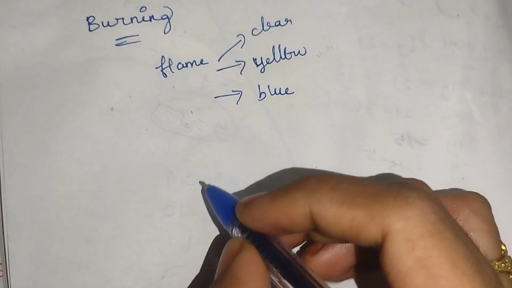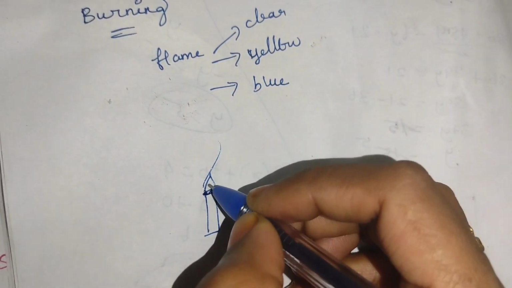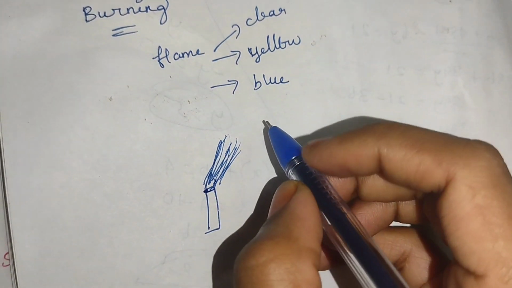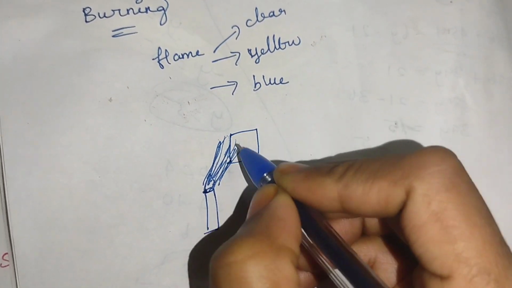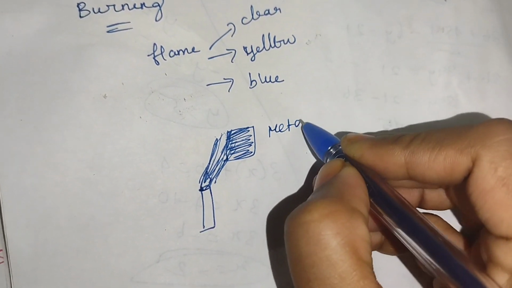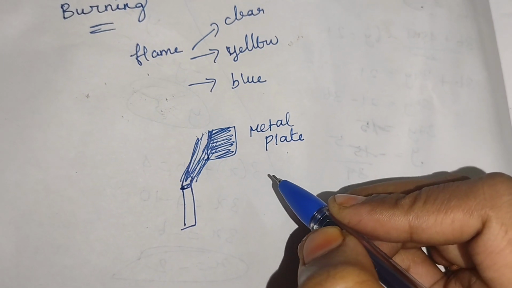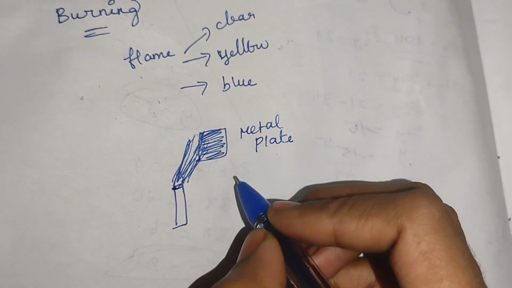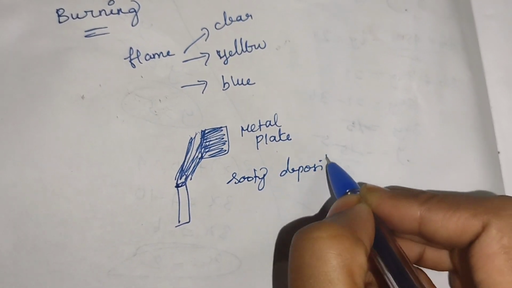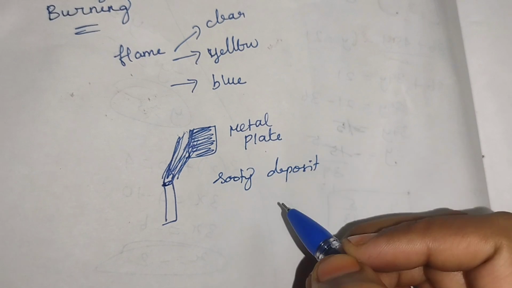For example, imagine I am heating the carbon with oxygen, and a flame comes out, and I place a metal plate above the flame. After a few minutes I see a sooty deposit on the surface of the metal plate.